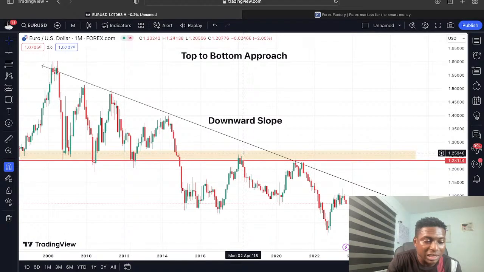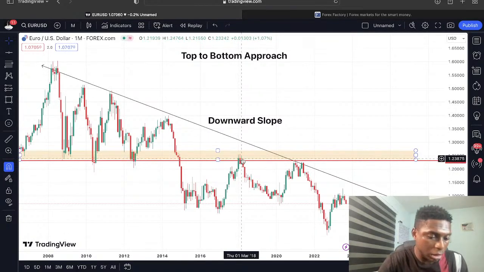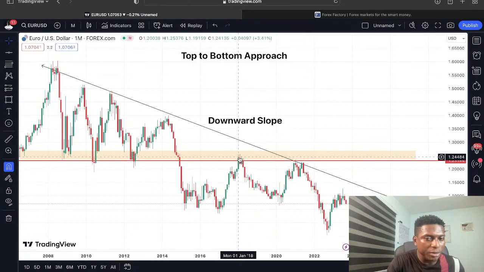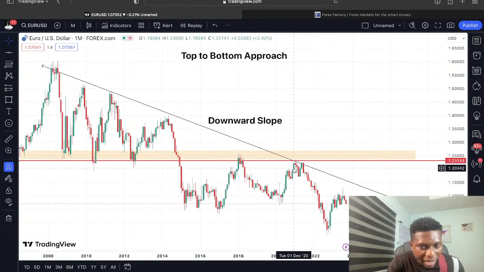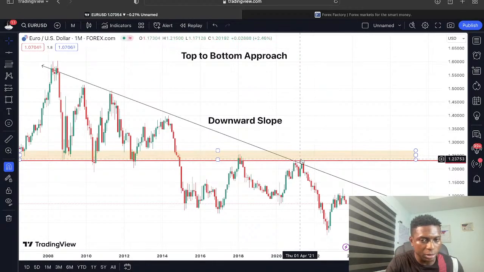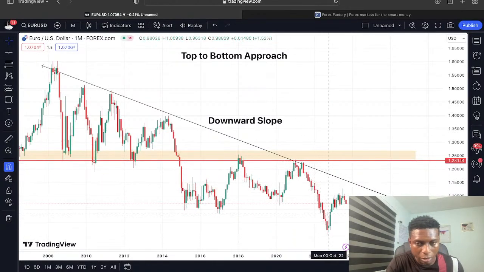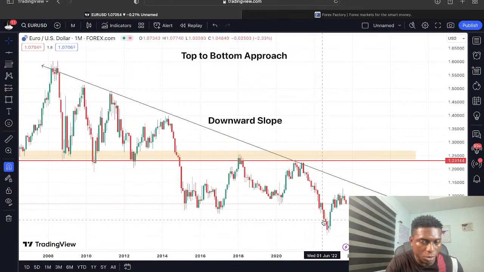Price came to that level where it has gotten support before. Now that level has become a resistance level. Price went up. Price went back to that same level the second time, and then price fell down.